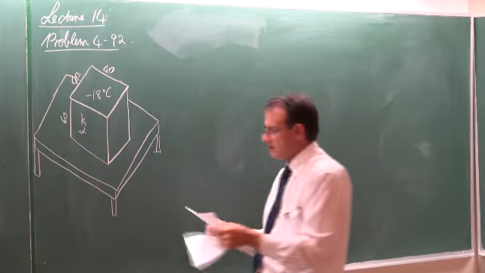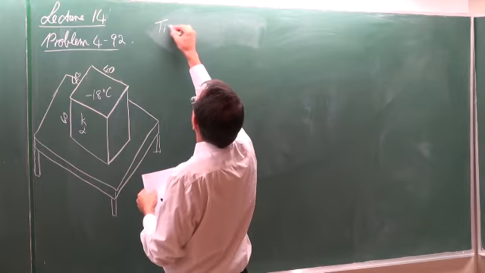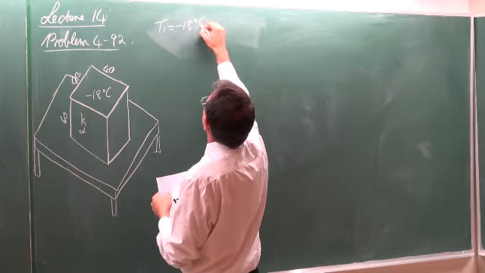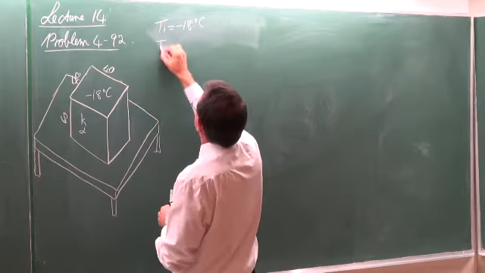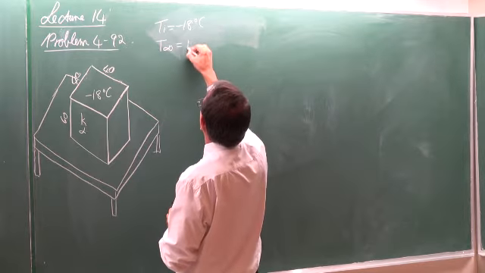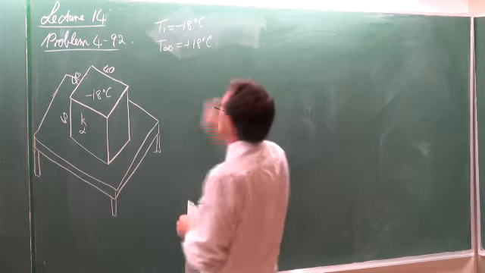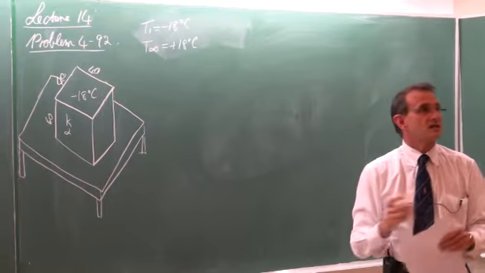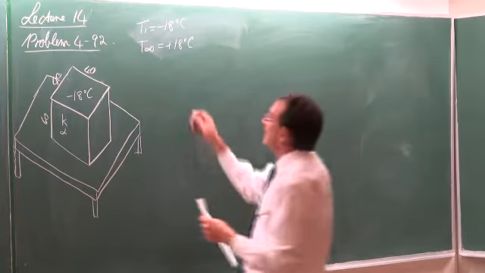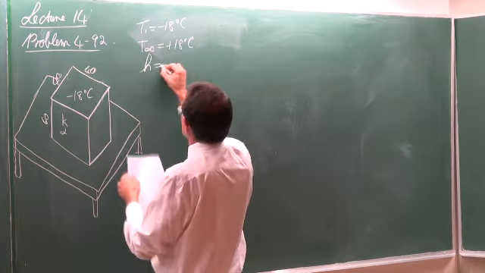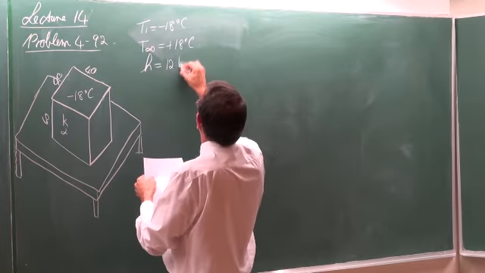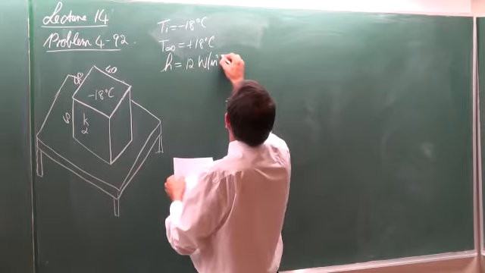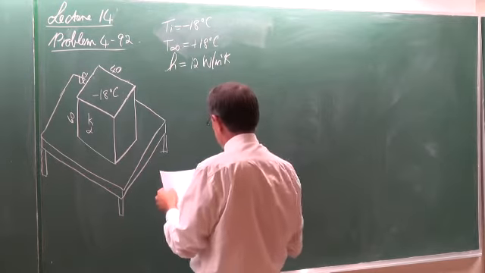So Ti, the initial temperature, is minus 18 degrees Celsius. The environment is at plus 18 degrees Celsius. So there's a 36 degrees Celsius difference between the two. And then the heat transfer coefficient is given as 12 watts per meter square Kelvin or degree Celsius.